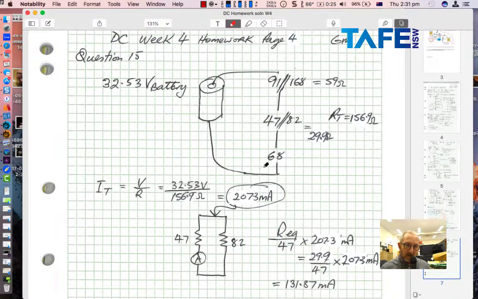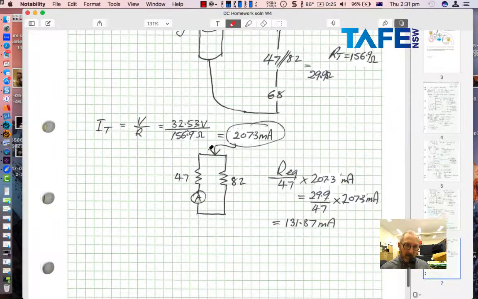And dividing that new total resistance, RT, into the 32.53, I get 207.3 milliamps. The 207.3 milliamps is coming down. It asked us for the new current in that meter, which is measuring the 47 ohm leg, and it works out to be 131.87 milliamps. All right, that's the end of the homework.